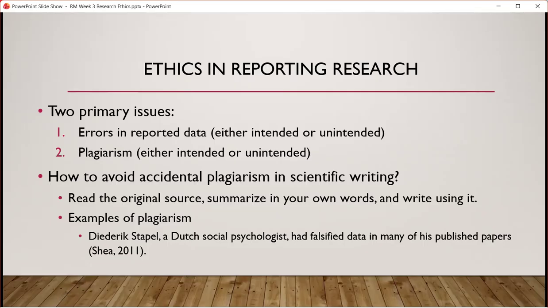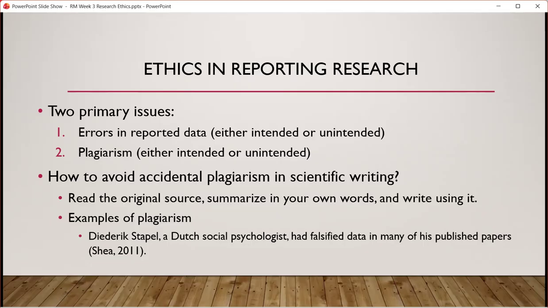And in this greater age of AI usage and the phantom and fantasy information and data, that's a little worrisome if AI is writing up the results. So, how do you avoid the accidental plagiarism in scientific writing? Well, you absolutely want to read the original source, you want to summarize in your own words, and you want to write using your own words and your voice.